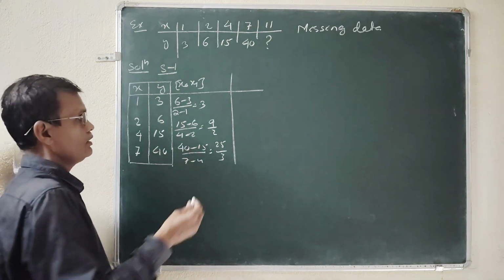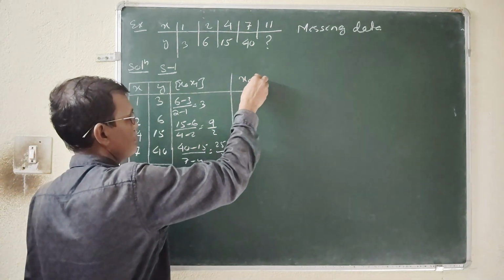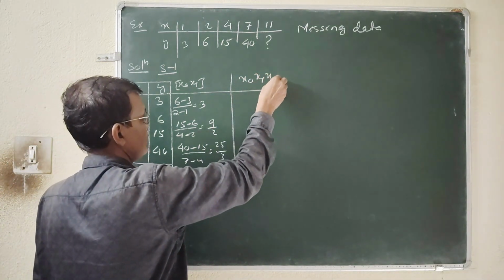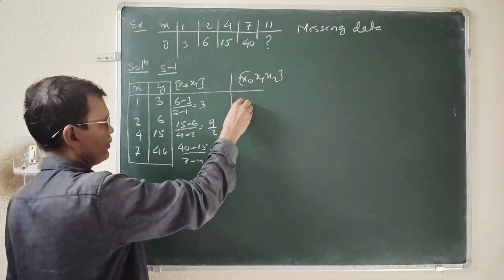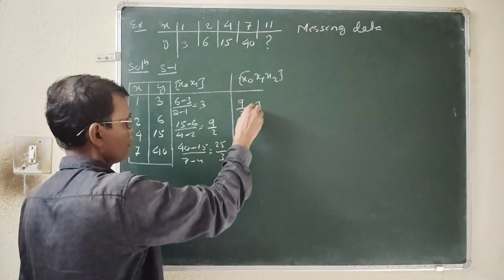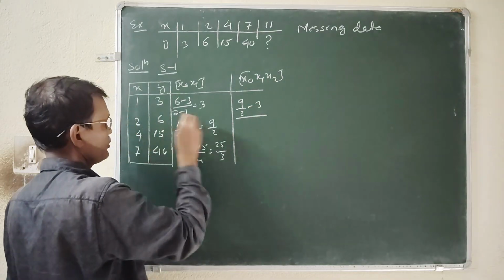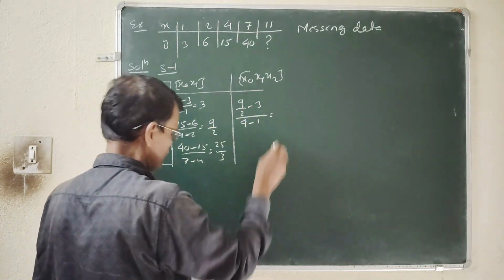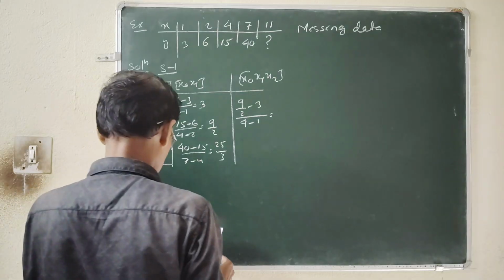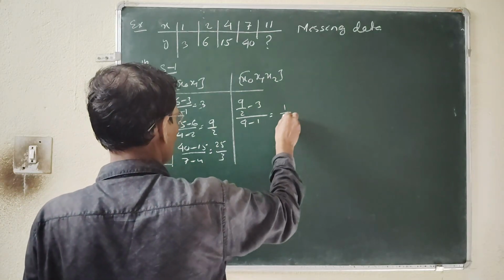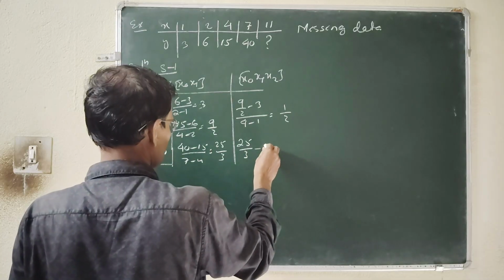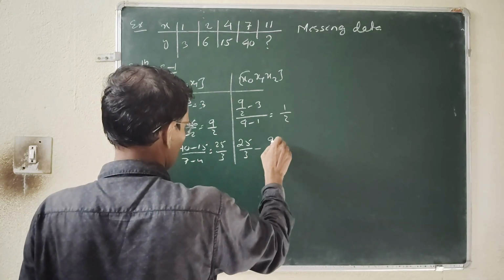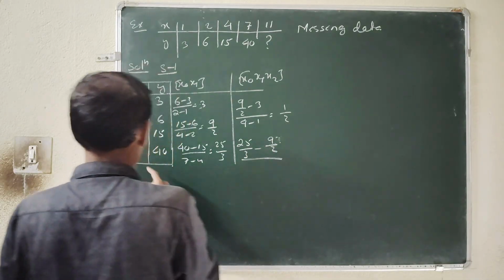Then you find the second order divided difference, that is x0, x1, x2. How do we get it? This minus this, that is 9 by 2 minus 3 by 4 minus 1. If we calculate, the result is 1 by 2. Similarly, 25 by 3 minus 9 by 2 divided by 7 minus 2.